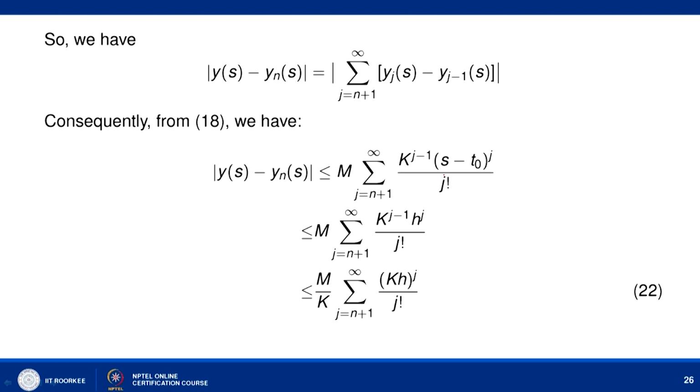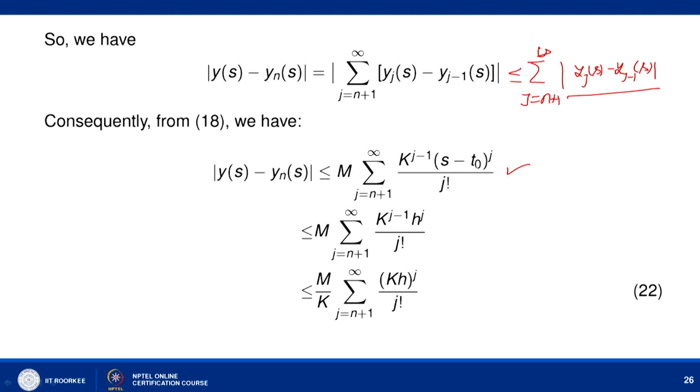Here, for this particular step, we are using the bound of y_j(s) minus y_{j-1}(s). So this is further less than or equal to the sum from j equal to n plus 1 to infinity of the modulus of y_j(s) minus y_{j-1}(s), and we already know the bound of this. The bound of this is K^{j-1} (s minus t_0)^j divided by factorial j.